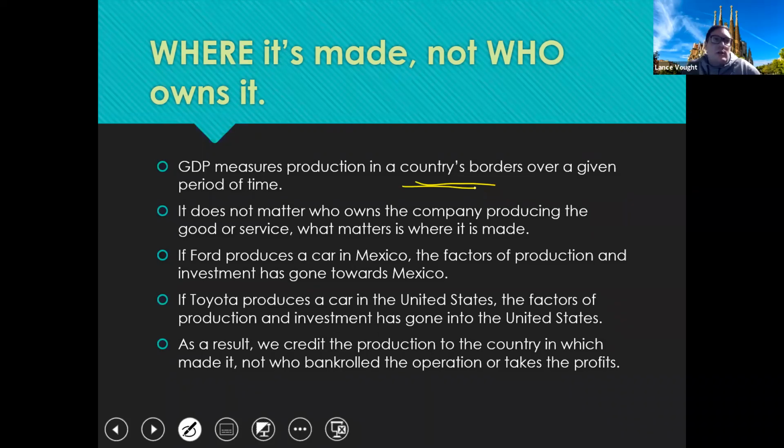It's not just, oh well, Nike produces everything in Bangladesh and China and other countries, but they sell a ton of it in America, and therefore all of the production and economic activity that's happening in Vietnam and Bangladesh and Pakistan are all being credited towards America's GDP. We probably wouldn't want that either, because that's not actually American jobs.